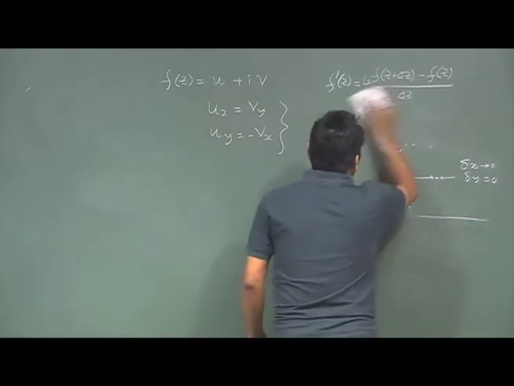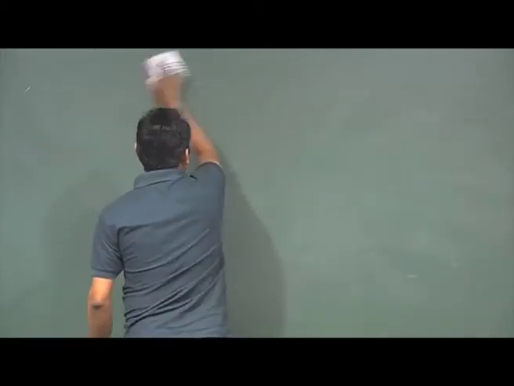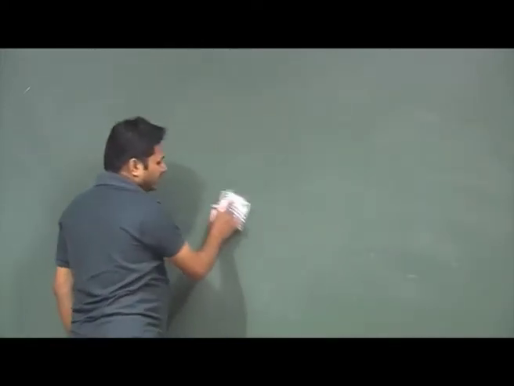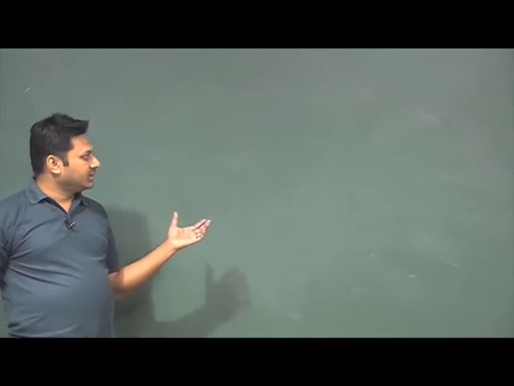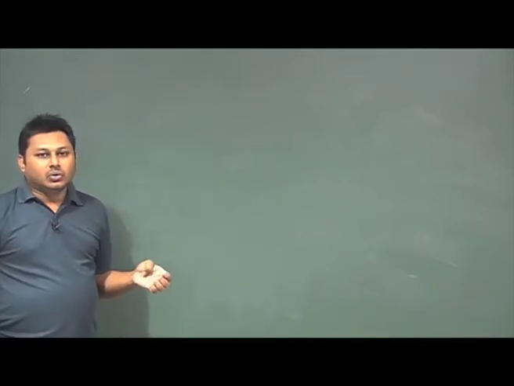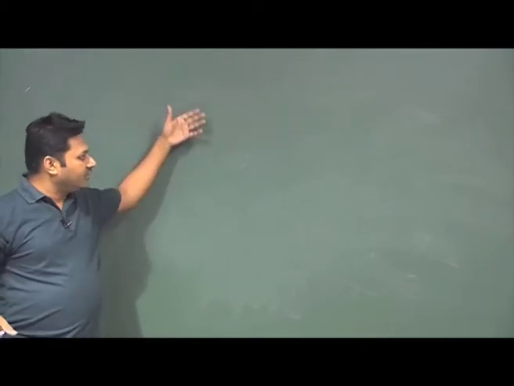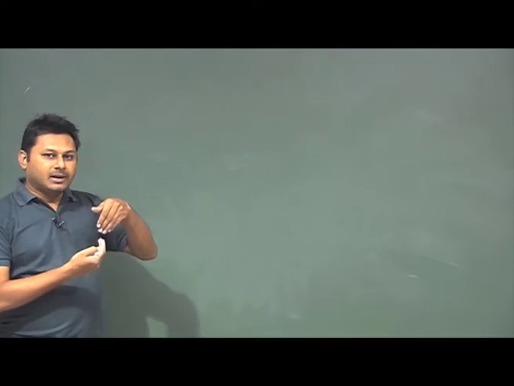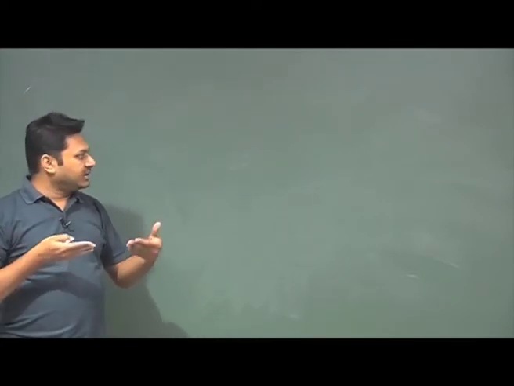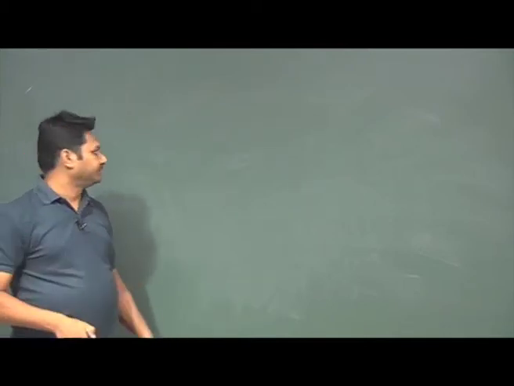I do hope you realize exactly what I am trying to do. The Cauchy-Riemann equation is derived for two preferred directions. Now, I am saying that if these two equations are satisfied, even though I derived them from two preferred directions, it is the same equation you will get whatever direction you approach from.